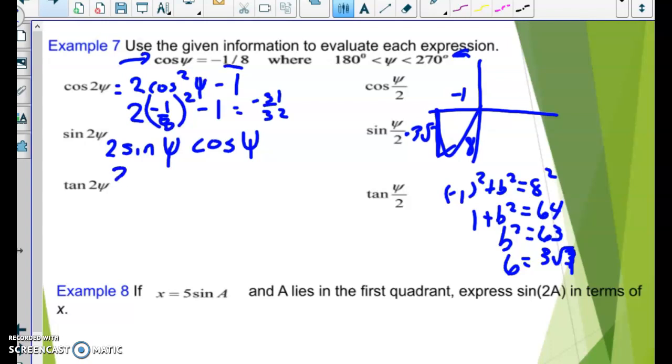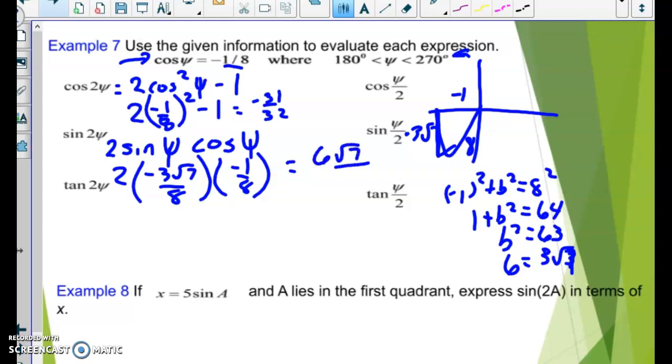So I'm going to say 2 times the sine is the opposite over the hypotenuse times the cosine, which is negative 1/8. And so I end up with negative times negative is positive, so I get 6 root 7 over 64. I can simplify that to 3 root 7 over 32.